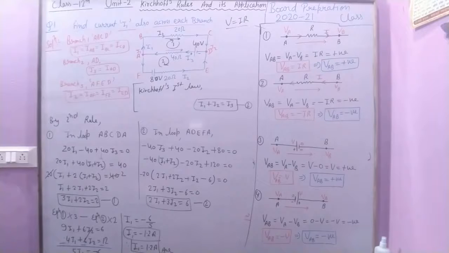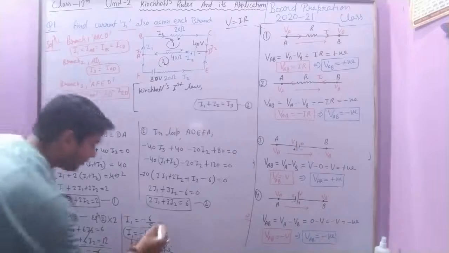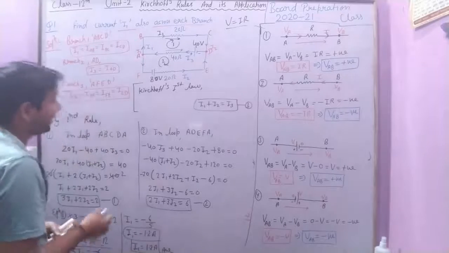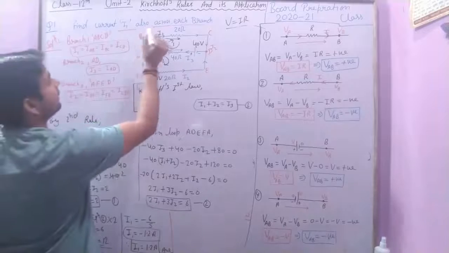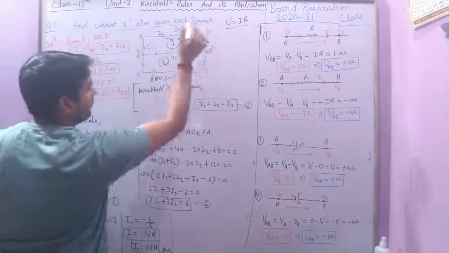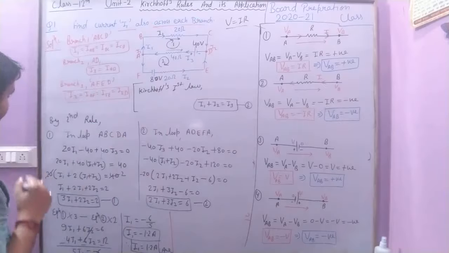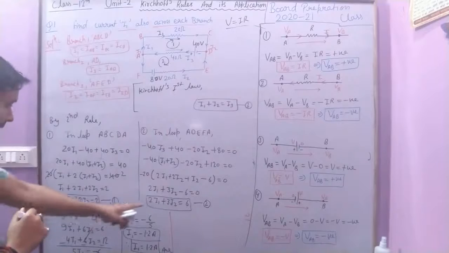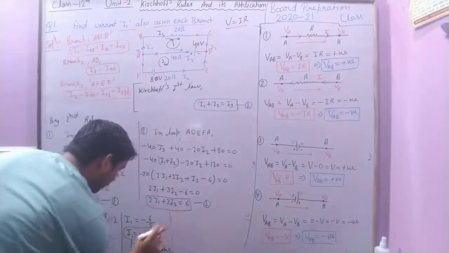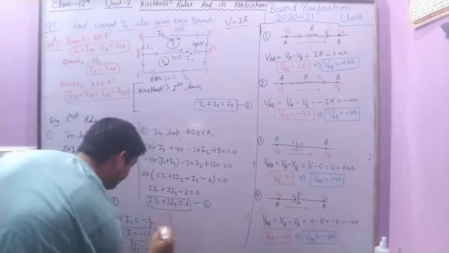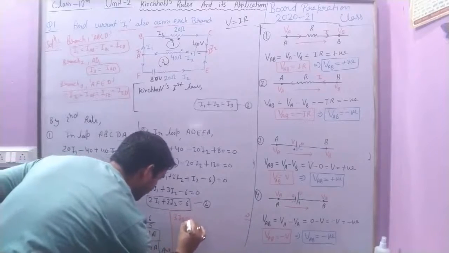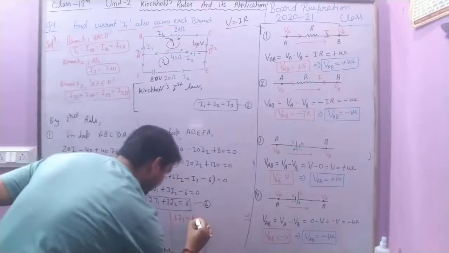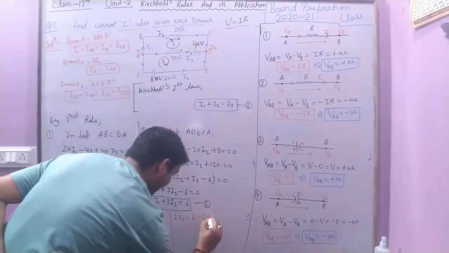Okay, so now this is your actual answer, and because you need to calculate the current across each branch, calculate I2 from it. So 3I2 equals 6 minus 2I1.